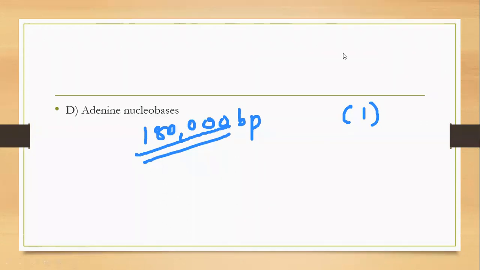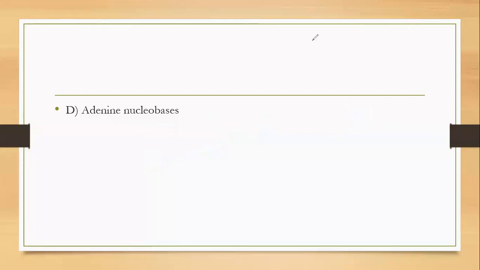Okay, moving on to the next, adenine nucleobases. So for this, yes, now here you need to think a little. Already it is given the GC content. So it is given that G plus C is around 32.5%.